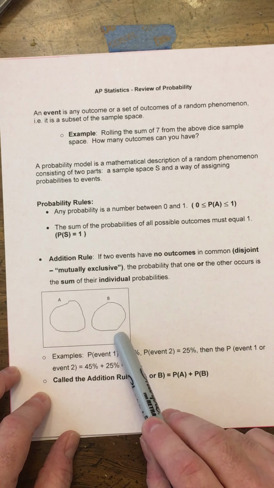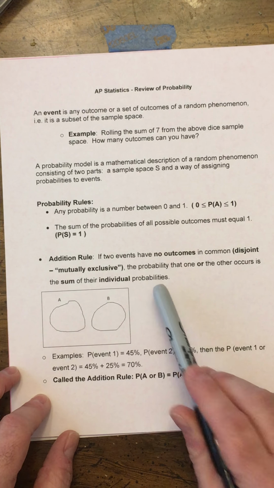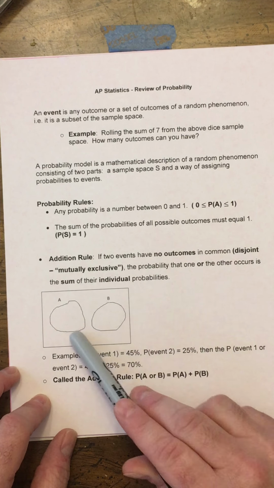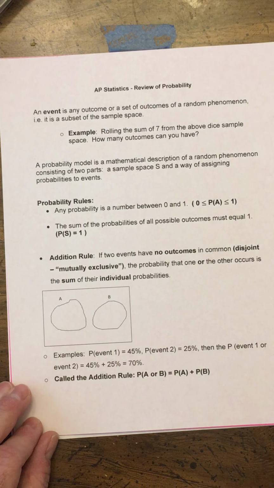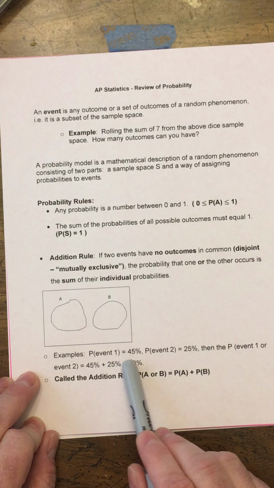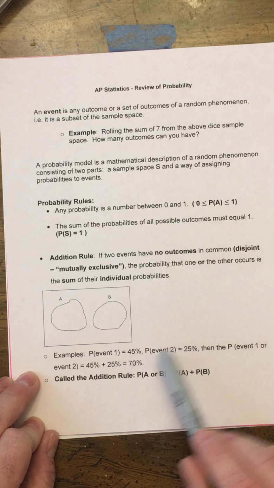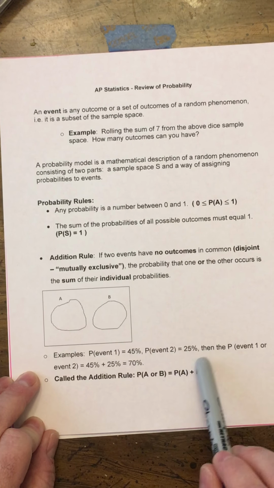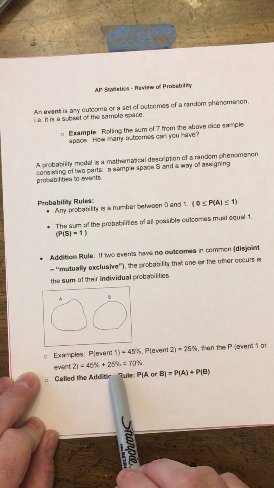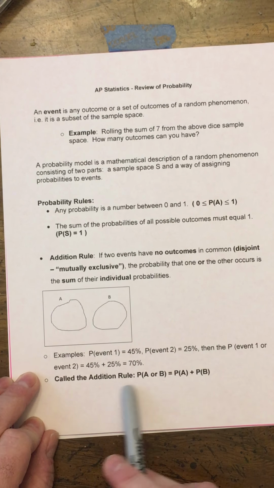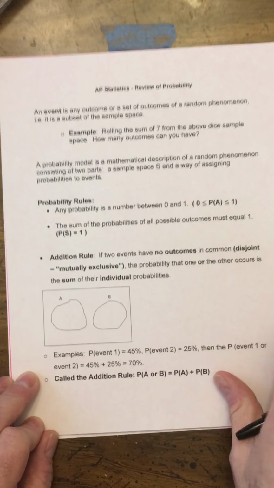When you have mutually exclusive events, the probability of one or the other occurring is the sum of their individual probabilities. For example, the probability of event 1 is 45%, and the probability of event 2 is 25%. As long as these events are mutually exclusive, then the probability that either event 1 or event 2 occurs is the sum of those probabilities. This is the addition rule, and this is only for mutually exclusive events.